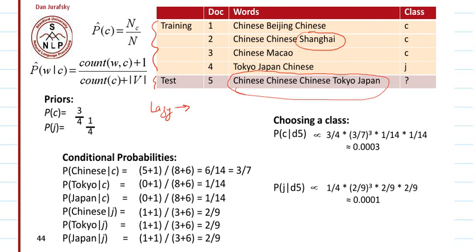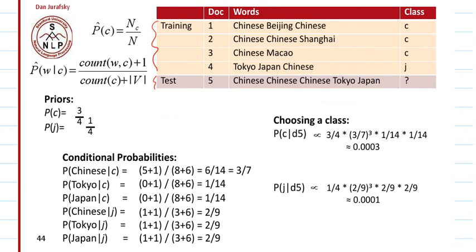So in this test document only the contribution of those words is required which are present in the test document from the training data.